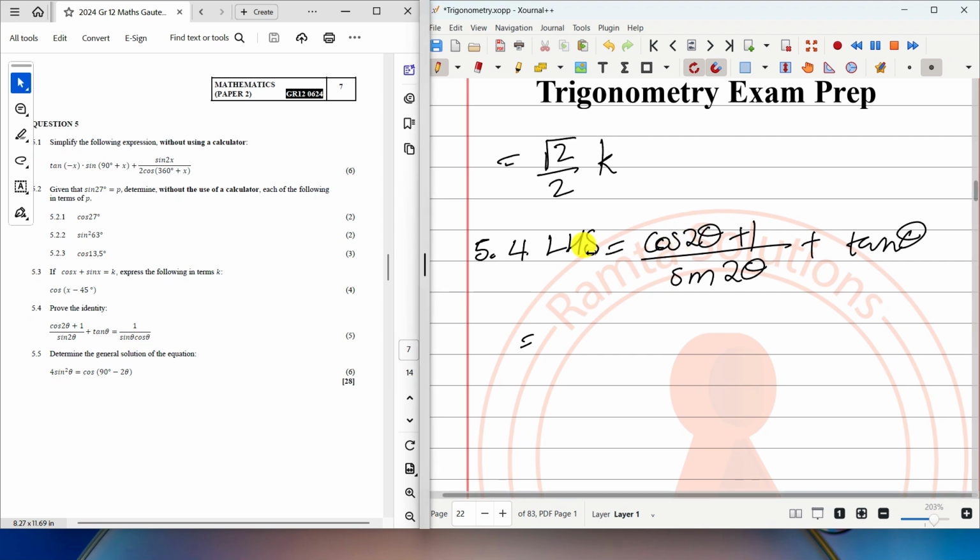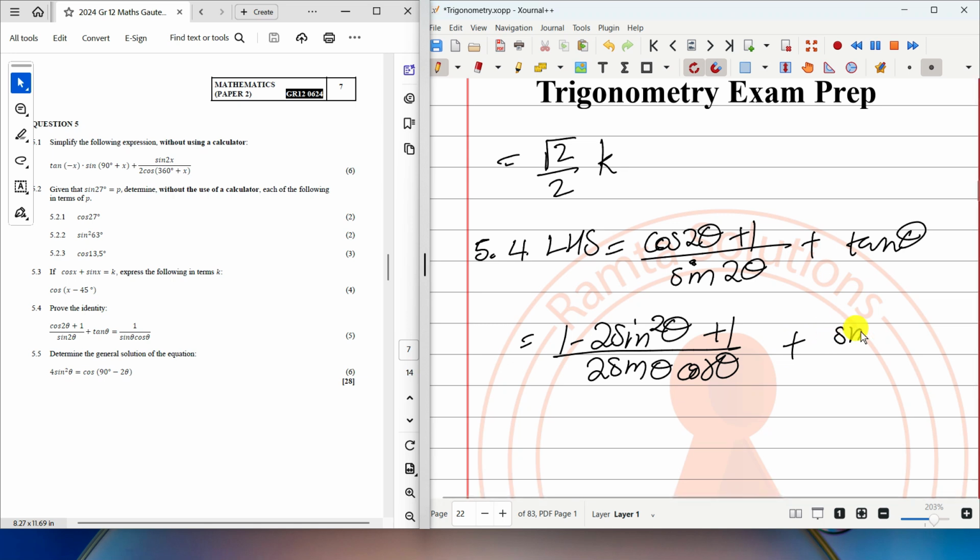So we will have to manipulate this in a way that we can work with, maybe use the double angle formula of cosine that has sine. So we will choose 1 minus 2 sine square theta plus 1 all over, double angle of sine is 2 sine theta cos theta, plus tangent. We know tan theta's identity is sine theta over cos theta.